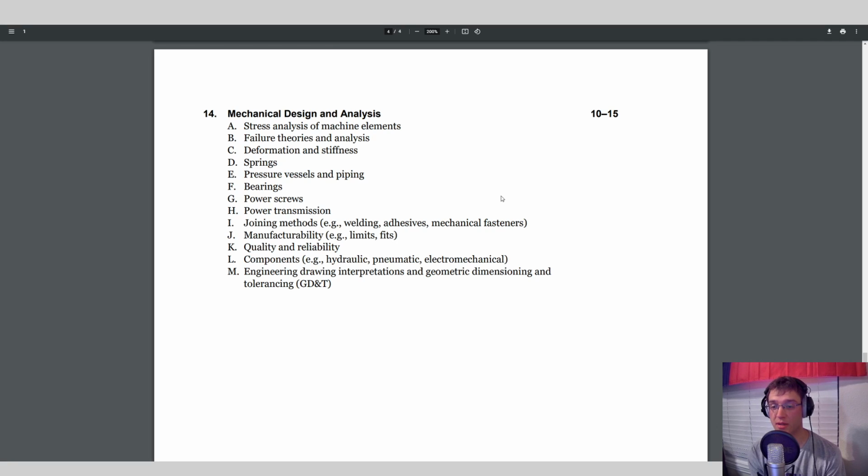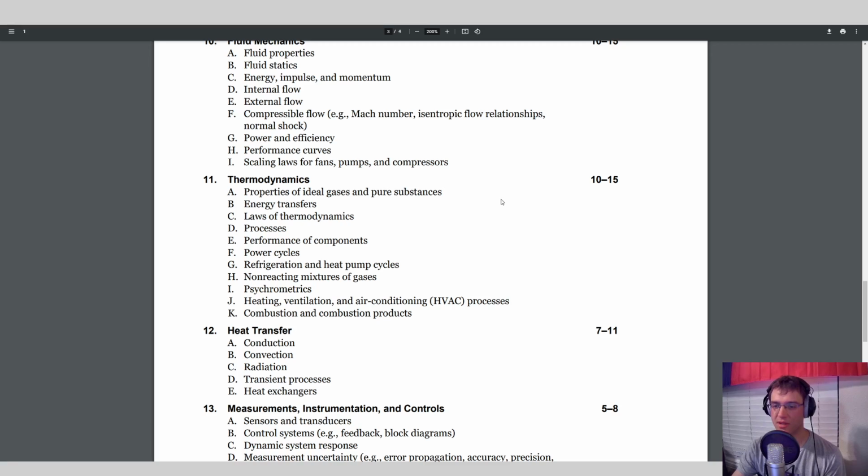Springs especially are very susceptible to cyclical loading, and the failure rates that result from cyclical loading. Pressure vessels and piping, that's new to me, but it does make sense as something to be able to understand.